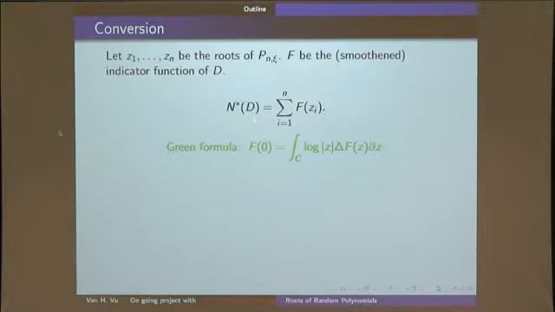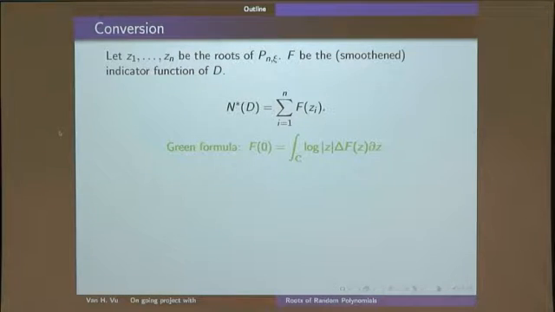The number of roots we care about is just the sum of the indicator, which gives 1 if there's a root and 0 otherwise. Of course you have to smooth this function a little to take derivatives. The key is the Green formula, which says that if you have a nice function f, then f can be expressed by it. It's the same Green as in calculus.